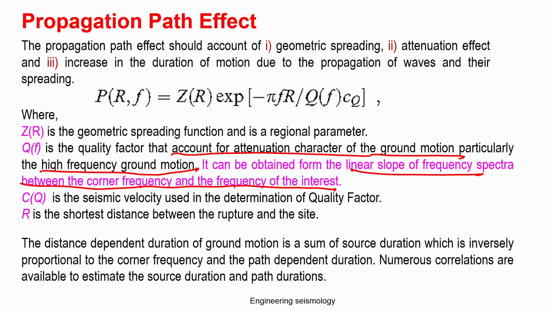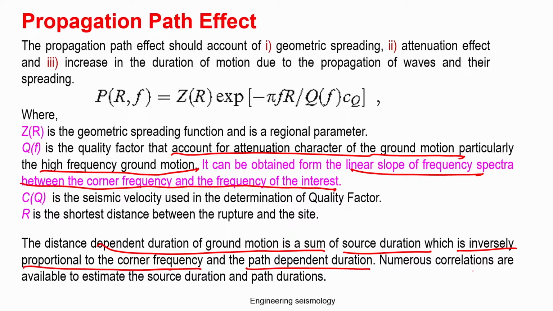C Q is the seismic velocity used to determine the quality factor. R is the shortest distance between the rupture and the site. So, the duration of ground motion is the sum of the source duration, which is inversely proportional to the corner frequency, and the path dependent duration.